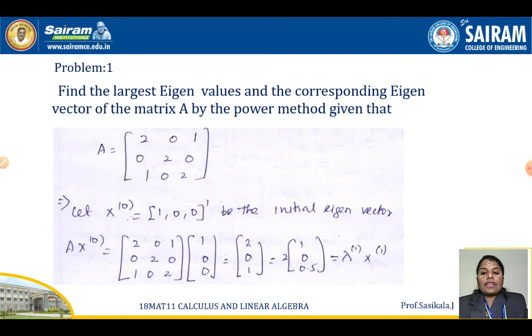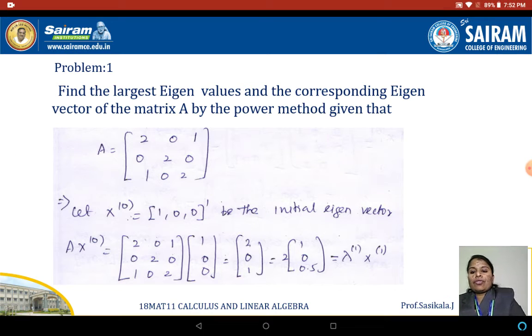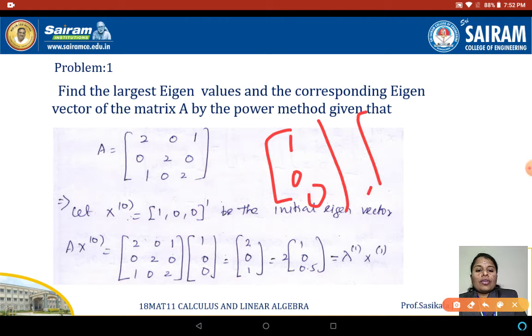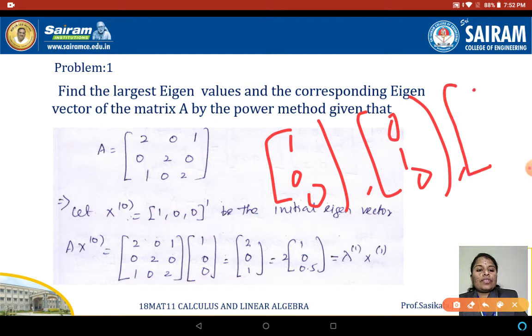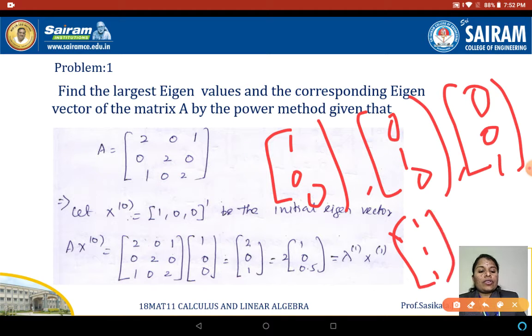When using the power method, you can use a column matrix: either 1 0 0, or 0 1 0, or 0 0 1, or 1 1 1 if it is a 3 cross 3 matrix.